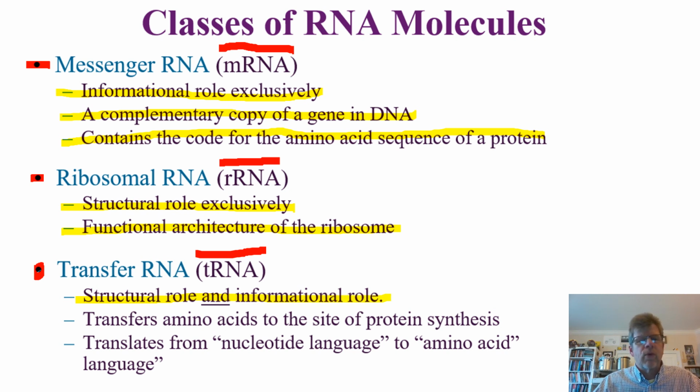Its structural role is that it literally transfers amino acids to the site of protein synthesis, which we now know is the ribosome. It transfers them, that's where it gets that term transfer RNA, by covalently binding to a particular amino acid and delivering it to the ribosome to be added to the growing protein primary sequence.